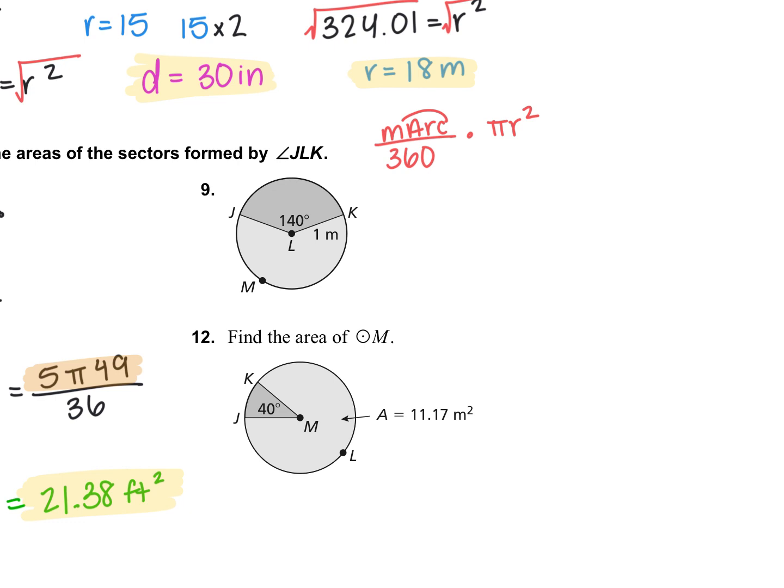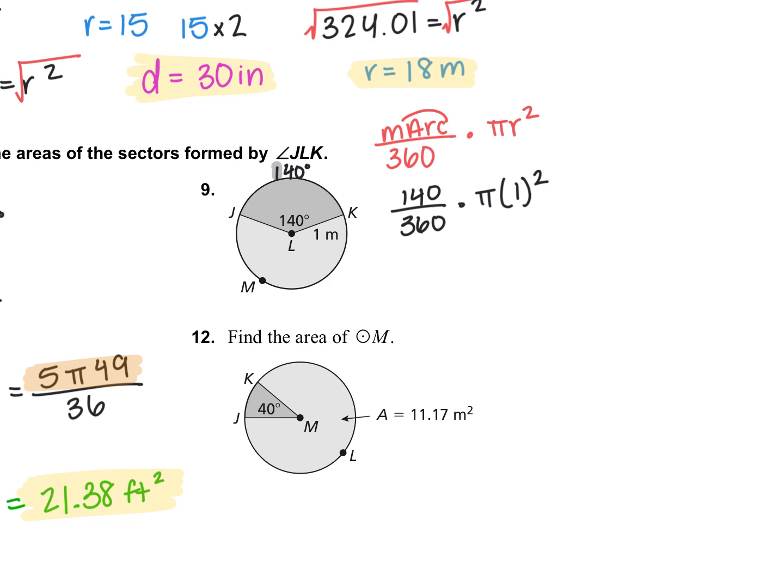All right, let's go ahead to number 9. We're doing the same thing as we did before. We're finding the measure of the arc, which is still 140 because it's a central angle. So I'm going to do 140 over 360 times pi. What's my radius? 1 squared. So I'm going to skip some steps here, but we know anything times 1 is itself.